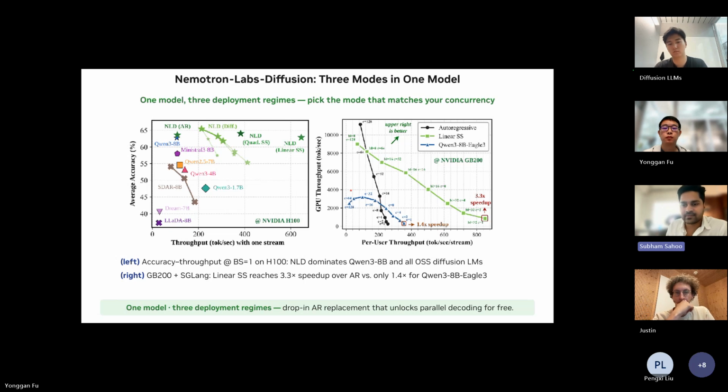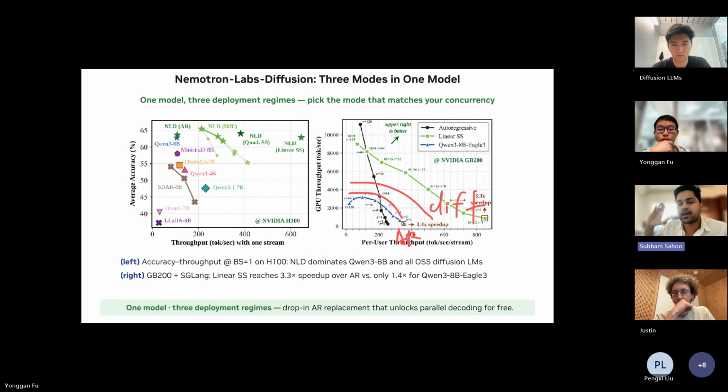So let's say that diffusion model, with a context length of 1,000, gets a throughput of 1,000 tokens per second, right? But as you increase the context length to, let's say, 100,000 tokens, that throughput will drop to 100 tokens per second, but the AR would not suffer as much.